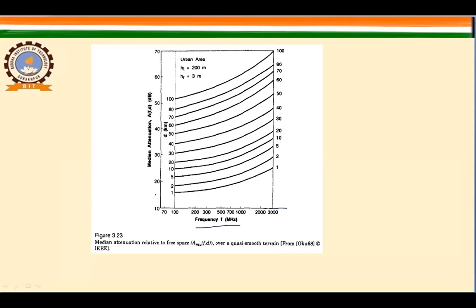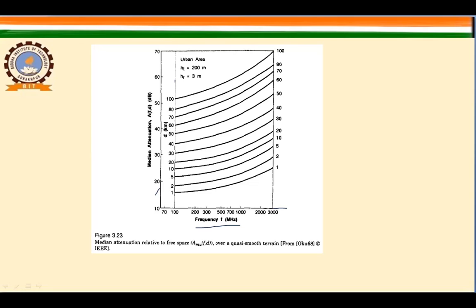This is the first axis, which has a scale of 10, 20, 30, 40, 50, 60, and 70, and it is the medium attenuation A_MU(f, d) in dB, and the other vertical axis is the separation distance in kilometers, and it has the scale 1, 2, 5, 10, 20, 30, 40, 50, 60, 70, 80, and 100.